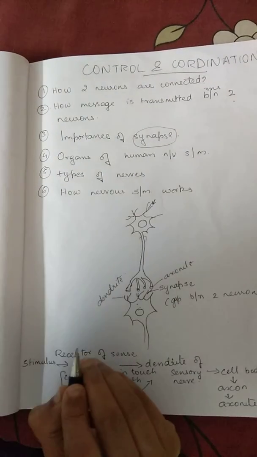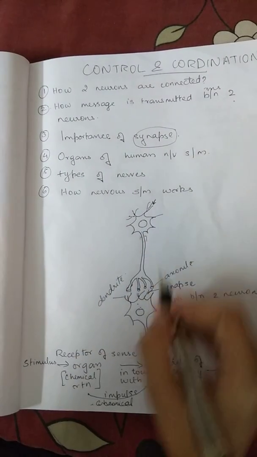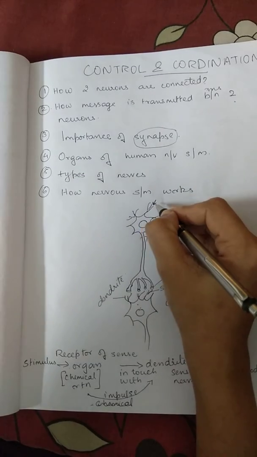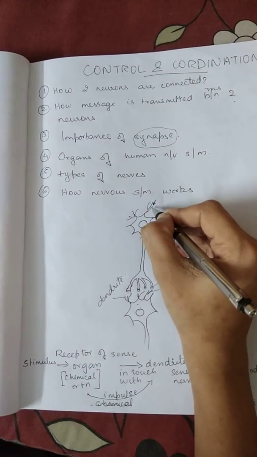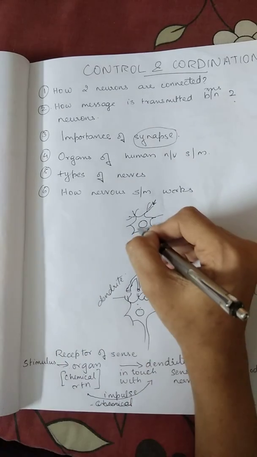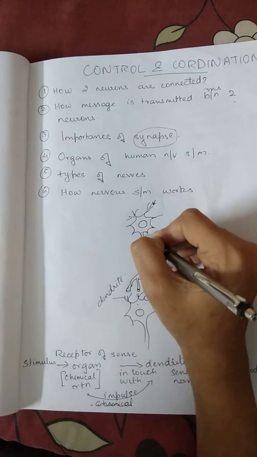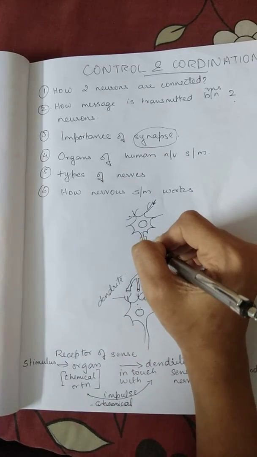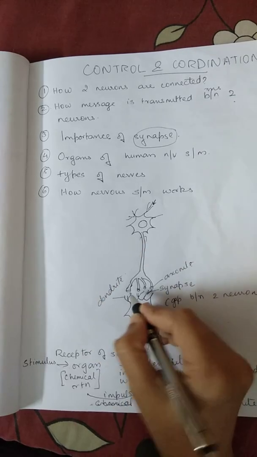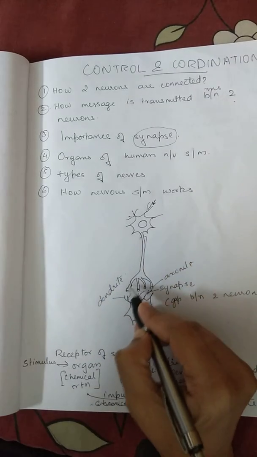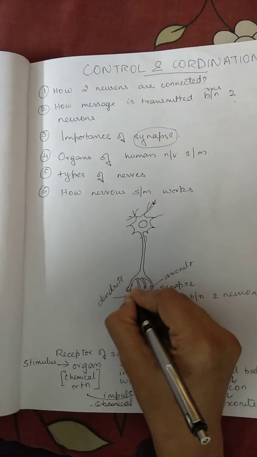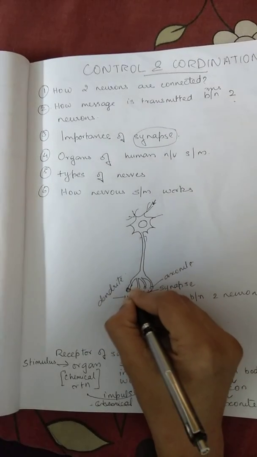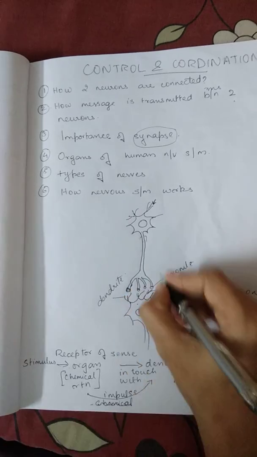So what is the importance of synapse? When an electrical impulse comes, it is accepted by the dendrite. Then the electrical impulse is carried to the cell body, and from the cell body it is carried away through the axon, and it reaches the axonite. In the axonite, there are a lot of knobs, and in these knobs there are a lot of chemical substances.